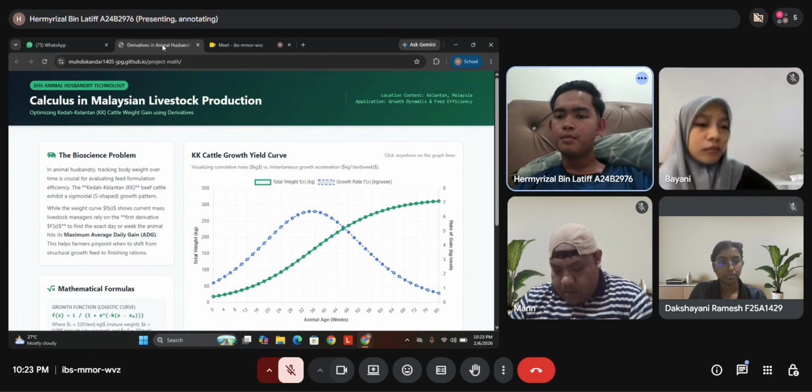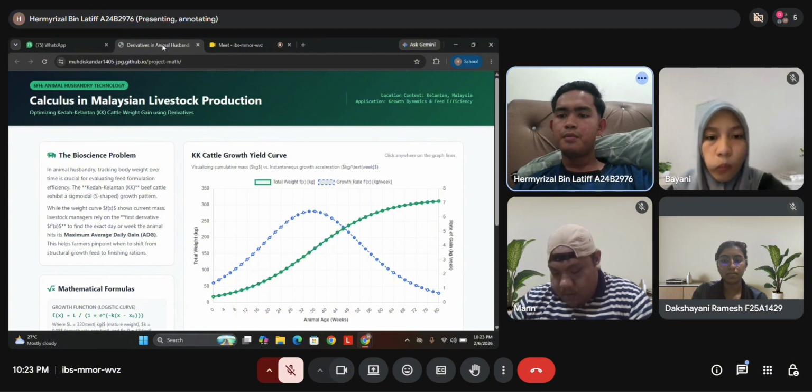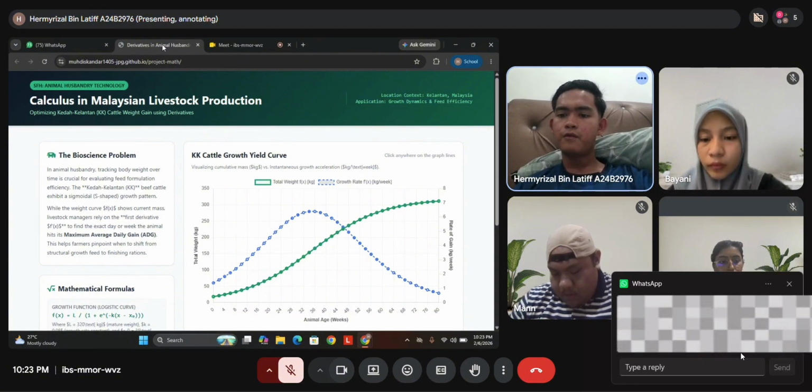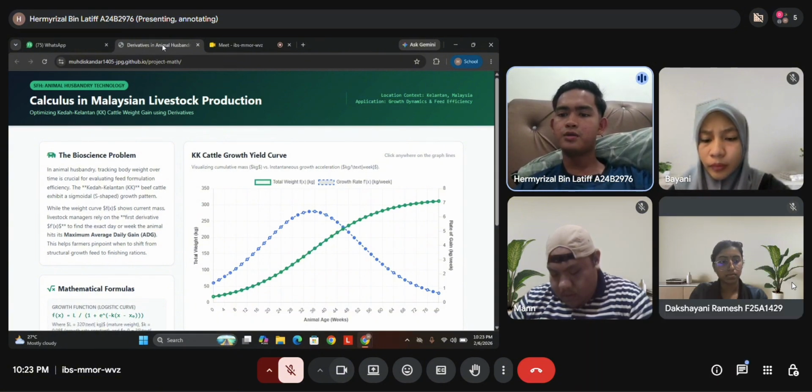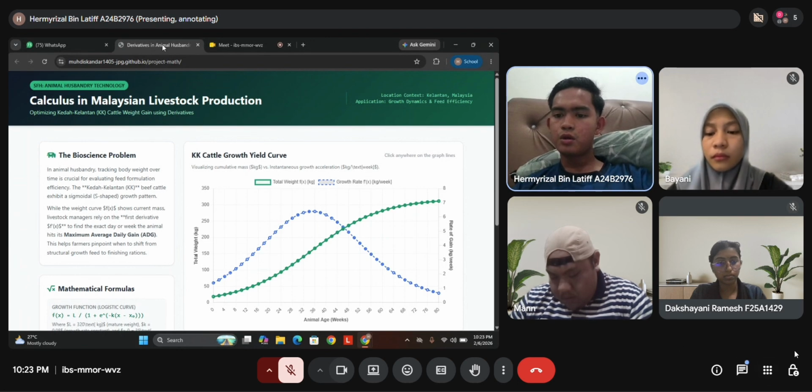Section 2. Mathematical formulas and modeling. Visual: display the mathematical formulas clearly on screen using text graphics. Audio. To model this growth behavior mathematically, we utilize a logistic growth curve function.